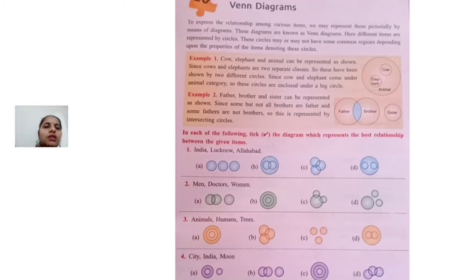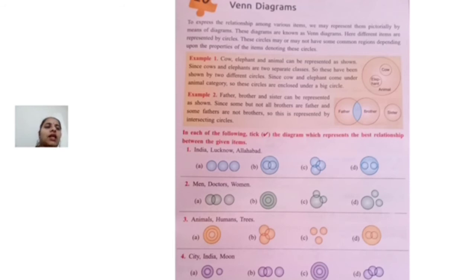B has shown that all men are doctors, all women are doctors. So it is not correct, because some are engineers, some are teachers, means all women and all men are not doctors. Okay, so that is why B is also a wrong answer.